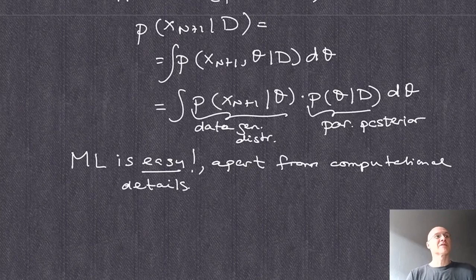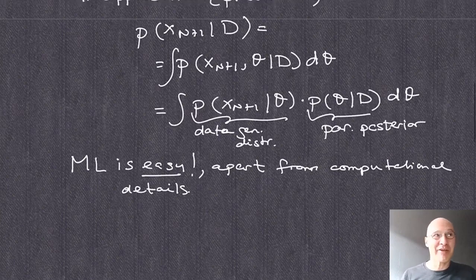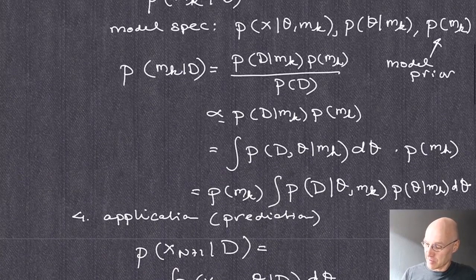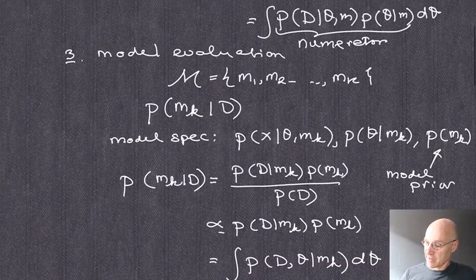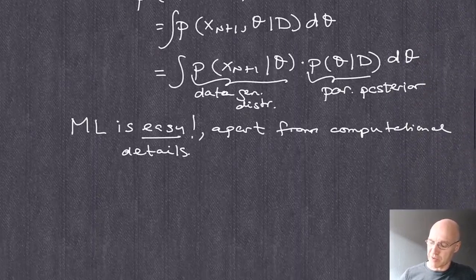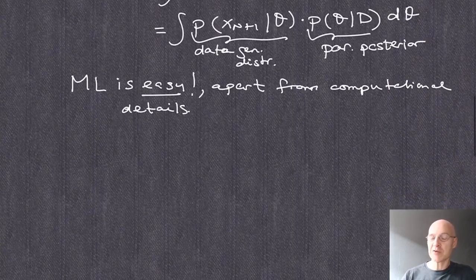I say that, of course, a bit tongue-in-cheek. Machine learning is not easy. The computational details are very difficult. It may be very difficult to compute this integral. It may be very difficult to compute this integral here. It may be difficult to compute this denominator here, because that's also an integral. So Bayesian machine learning often comes down to executing integrals, and they may be hard, but it's conceptually straightforward.